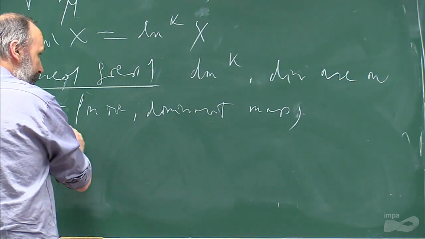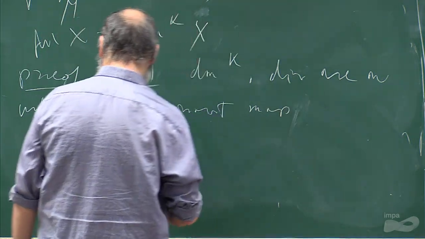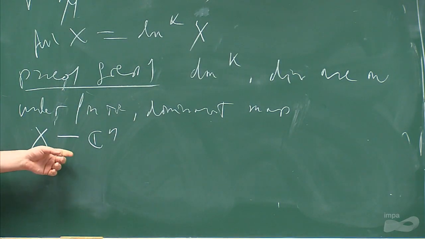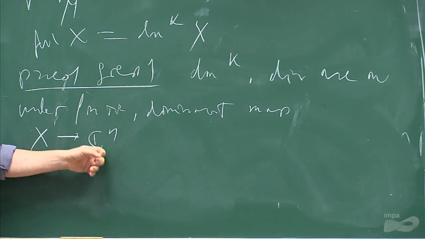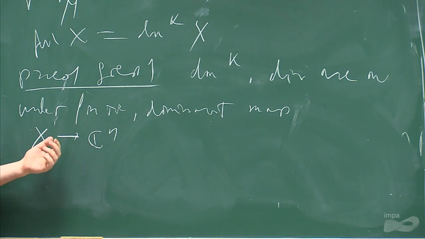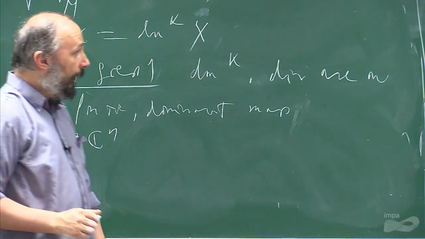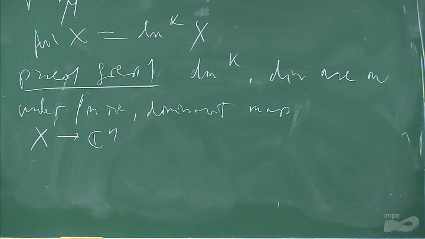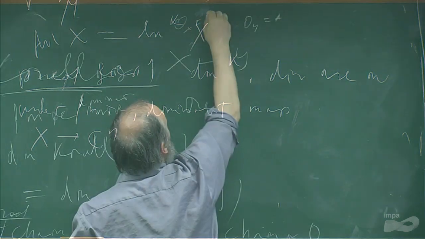So you have X, at least a map from X to C^n. The Krull dimension of X is equal to the Krull dimension of C^n because it's finite. And it should be dominant, because we assume that B is contained in A is contained in B. Here O_Y is A, O_X is B, and they're contained.